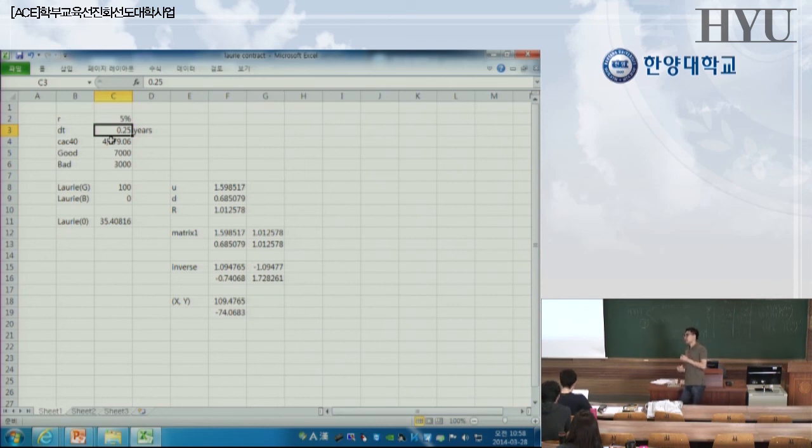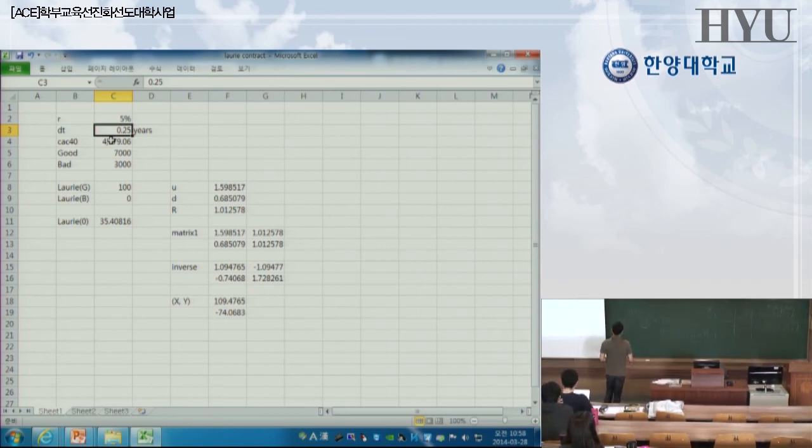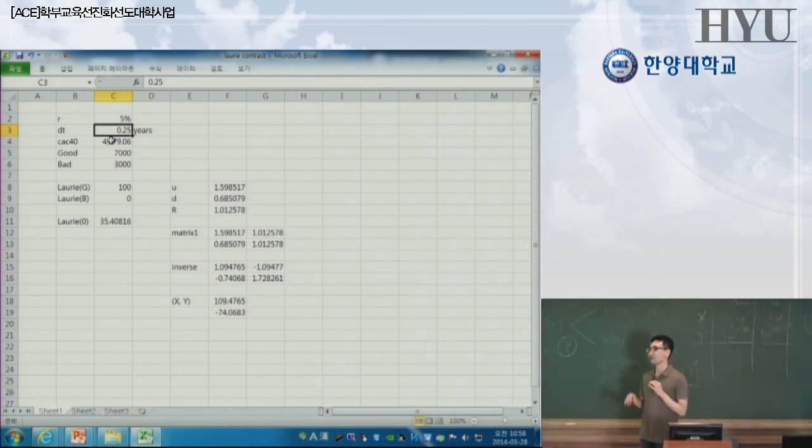Simple, right? It is two unknown parameters and a system of two equations. This is the fundamental idea of derivative pricing, and we have a fancy method: option pricing by replicating portfolio.